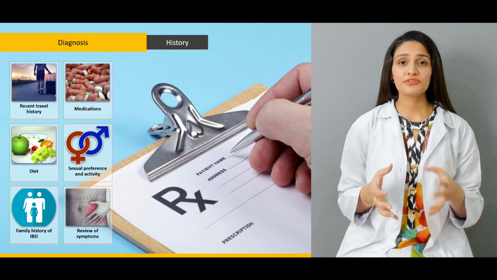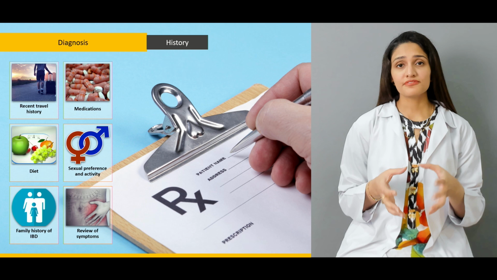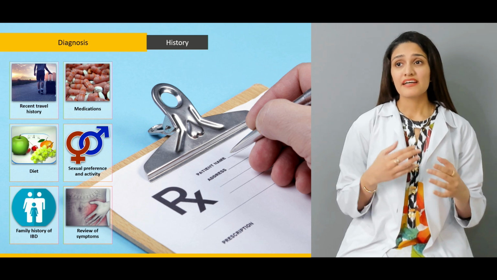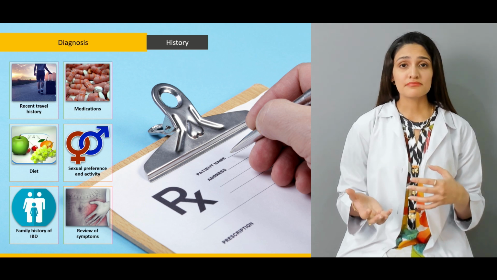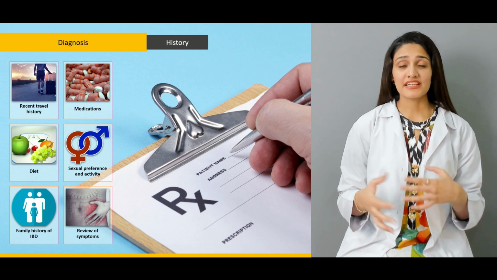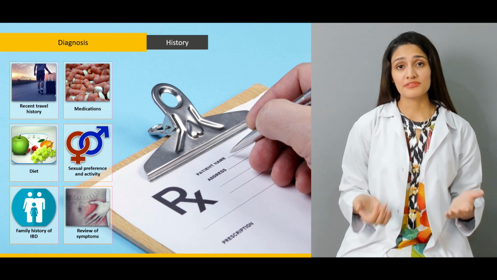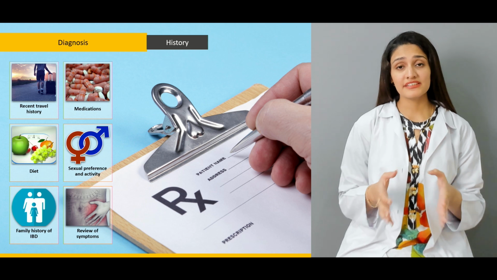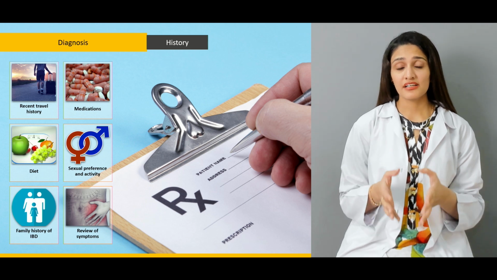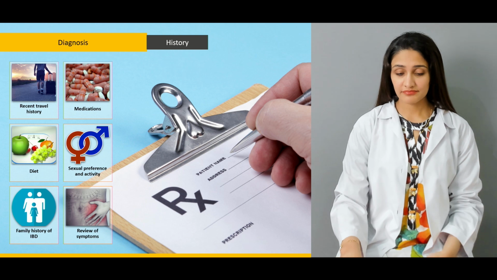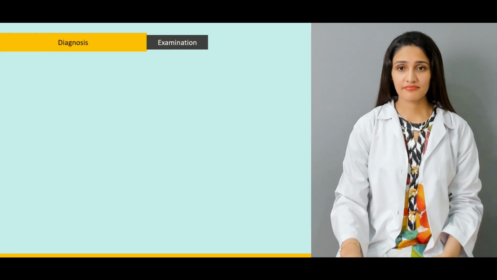Other than that, reviewing the symptoms of Crohn's disease, such as any extraintestinal manifestations and any weight loss that the patient might be presenting with, is very necessary to be asked during history taking.